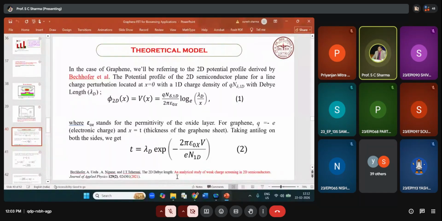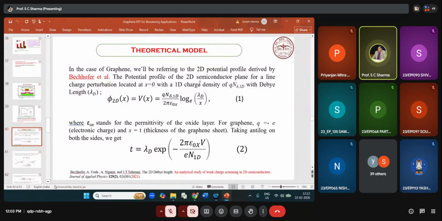Then we have developed a model. In this case, we have considered graphene as a 2D semiconductor, with the potential profile derived by Wechofer et al.